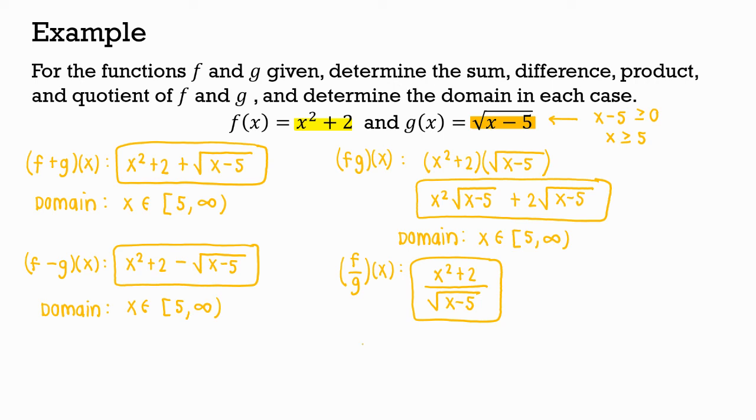This time, though, our domain is going to be slightly different. And the reason for that is because that square root, as we can see, is actually in the denominator of a fraction. And remember, in a denominator, you never want that to equal 0, because if you divide by 0, you have something that is undefined.